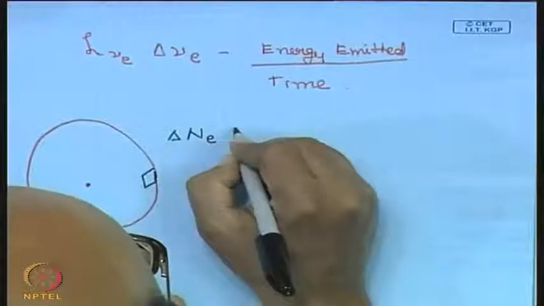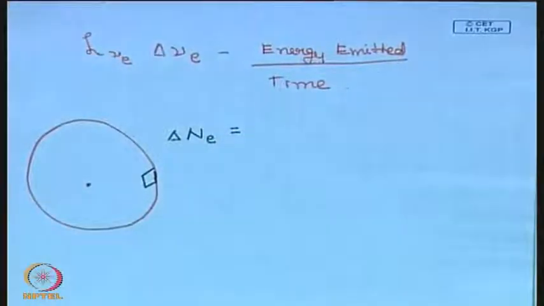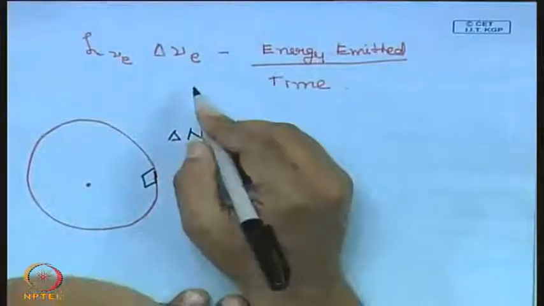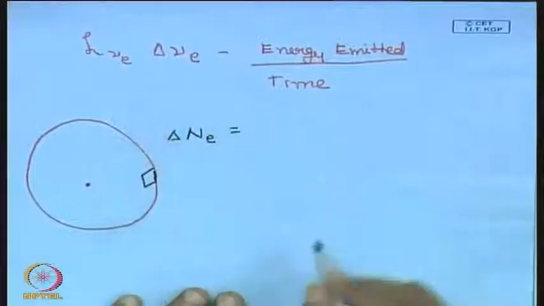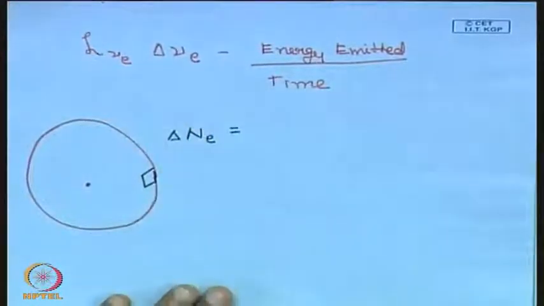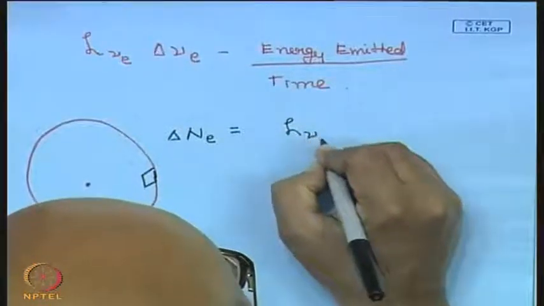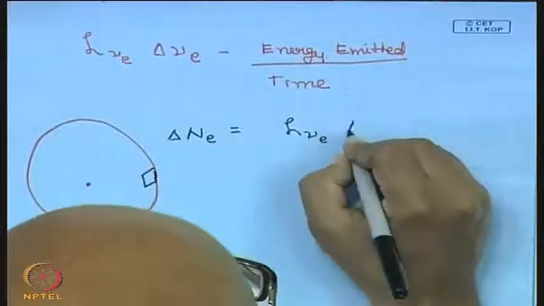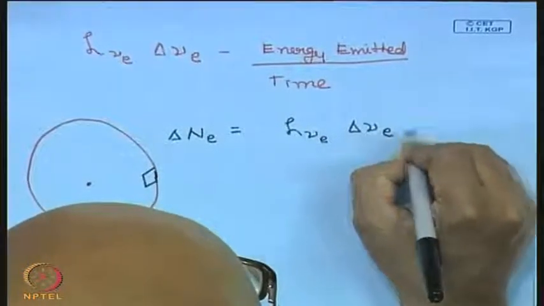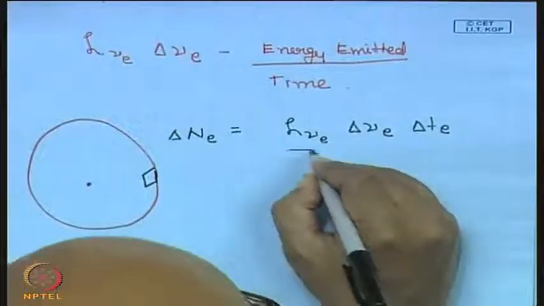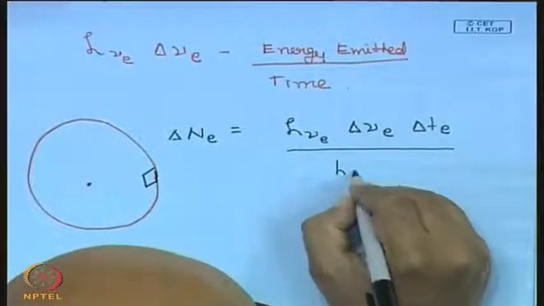The number of photons that were emitted, delta n emitted, in a time interval delta t e in the frequency interval delta nu e is given by L nu e delta nu e delta t e divided by h nu e.